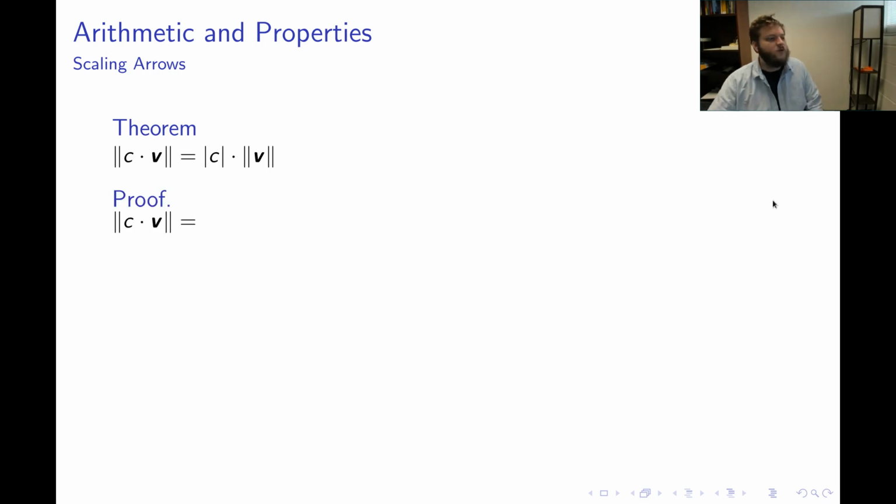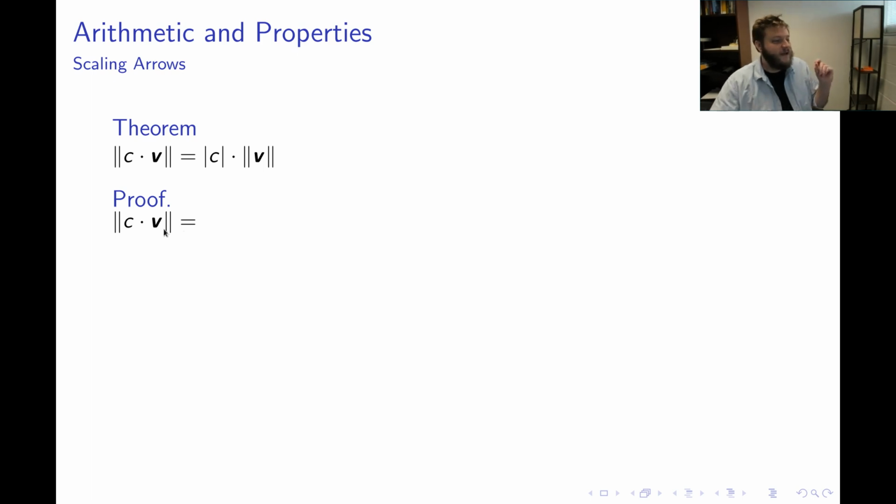And I want to walk you through the proof of this theorem to acquaint you with this style of problem solving. If I want to justify that an equation works, the proper way to do it is to start on one side of the equation and then write valid equal signs until you hopefully get to the other side of the equation. So let's see how that plays out here.